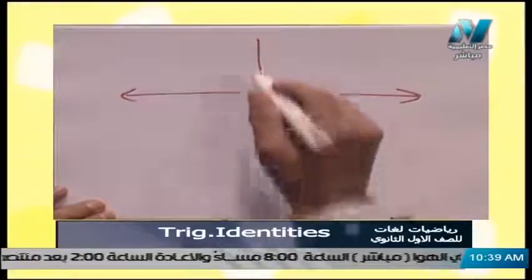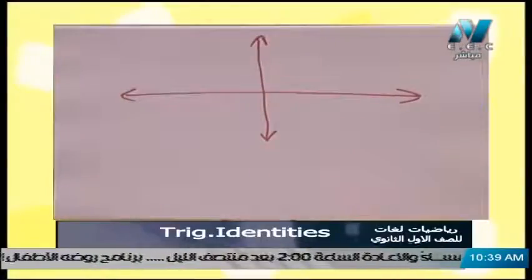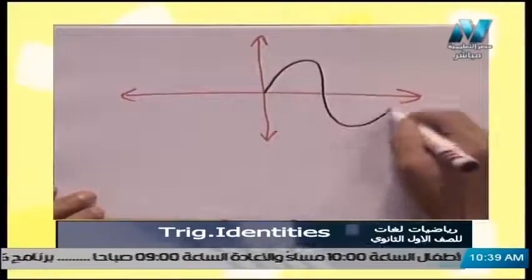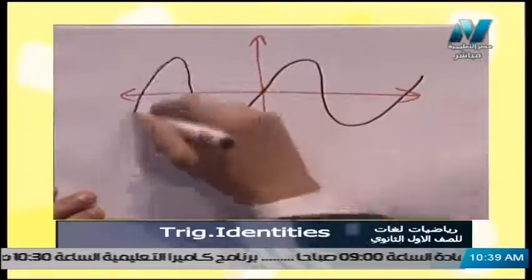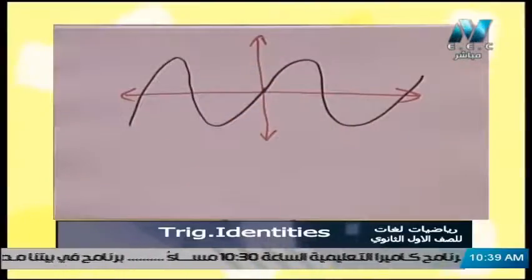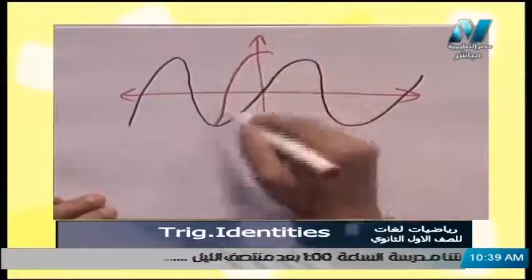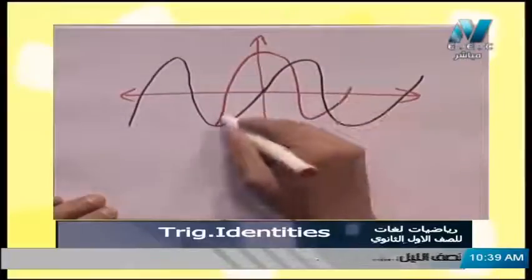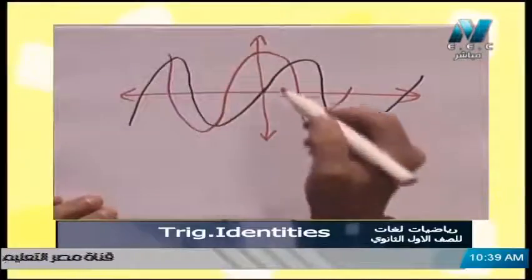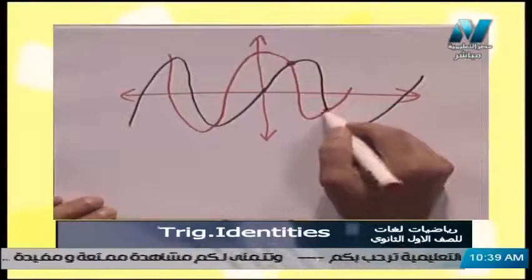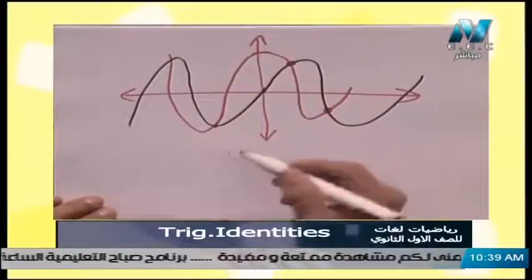We know that if we have a graph and we would like to draw sine, it will be like this, and if we would like to draw cosine, we have some intersecting points, this point and this point, and so on.